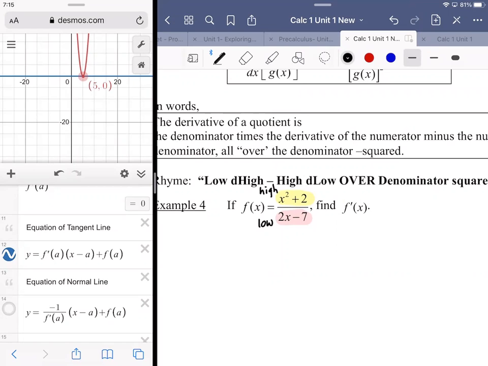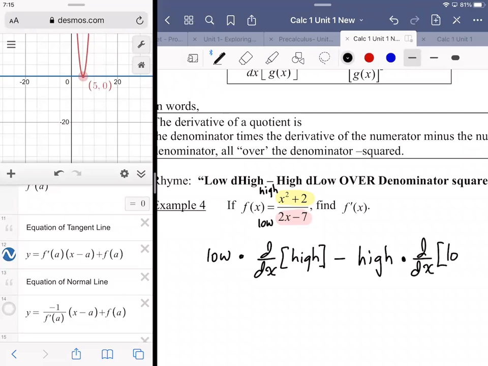So what we do is we take our low term and multiply it by the derivative with respect to x of the high term or high expression, minus the high term or expression multiplied by the derivative with respect to x of the low term. And then we put it over the low term squared.